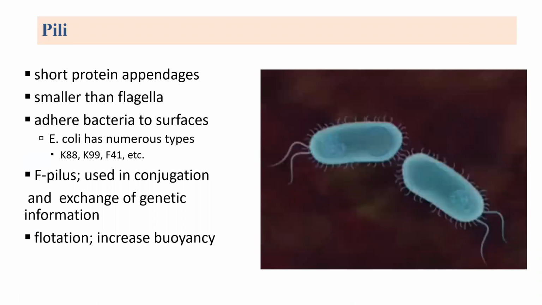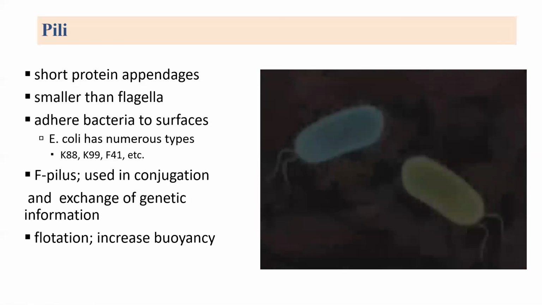Now the next part, the second type of locomotory organelle, is pili. They are short protein appendages, smaller than flagella. They help the bacteria to adhere to the surface. For example, E. coli has numerous types of pili: K88, K99, A41, etc. One of the most important types is the F pilus, which is used for conjugation and exchange of genetic information.